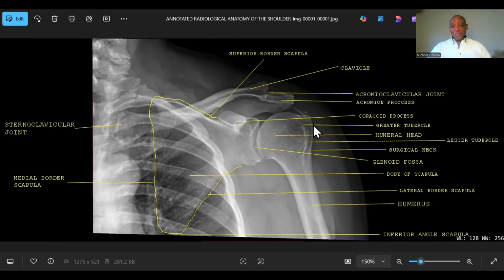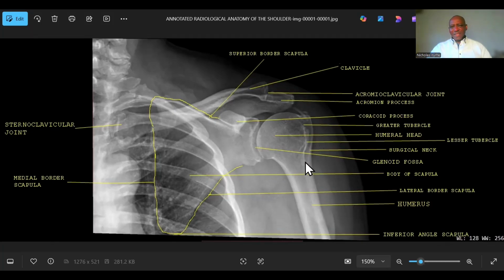Lesser tubercle, greater tubercle. In between the two of them, there is an intertubercular groove, which is also called the bicipital groove. Why? Because the long head of the biceps passes through this groove.